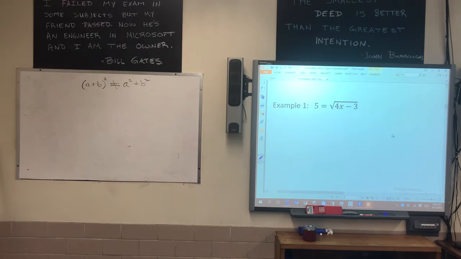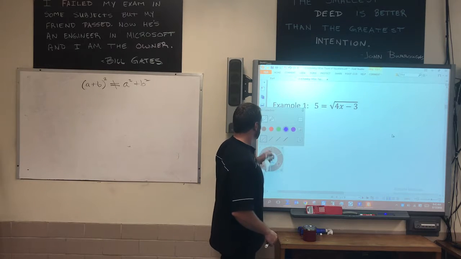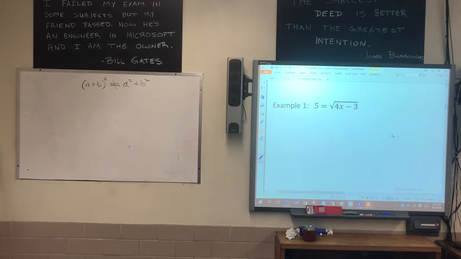That's the number one error that people make all the time when they're dealing with root equations. They say that when I square a binomial, it's just the first term squared plus the second term squared. You're missing the O and the I there, right? Okay, so you gotta pay attention to that. That's not an issue on this first one, but it will be pretty soon. So when we deal with root equations, okay, that's a huge error.